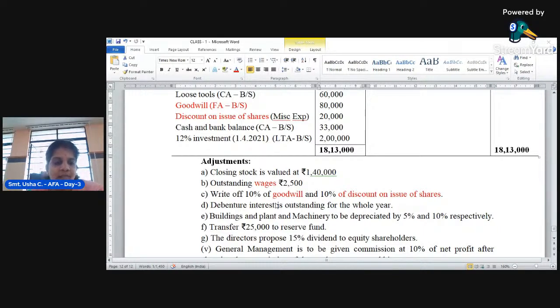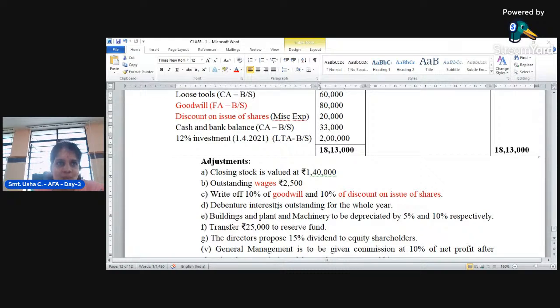Tangible fixed assets, for example plant and machinery, building, furniture and fixtures, motor car, vehicles, are all considered tangible fixed assets, and for those we charge depreciation. Whereas for an intangible fixed asset, we do not charge depreciation, but the procedure will be the same. We charge amortization, or we write off that amount of the intangible fixed asset.